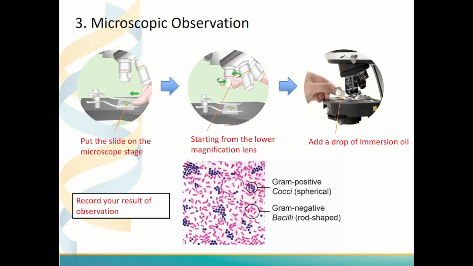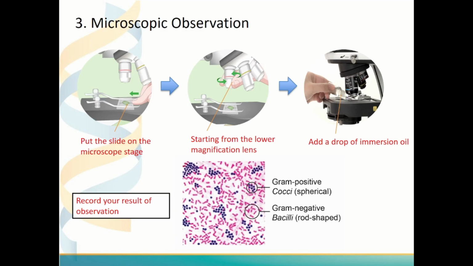Firstly, we have to put the slide on the microscope stage, and we have to start from the lower magnification lens, adjust the focus, and find the desired area. The bacterial cells should not be too concentrated. Usually, cells at the margin of the smear will be less clumped together.